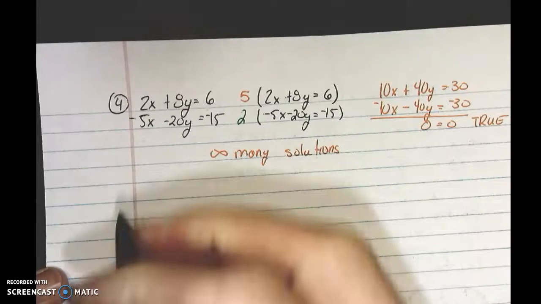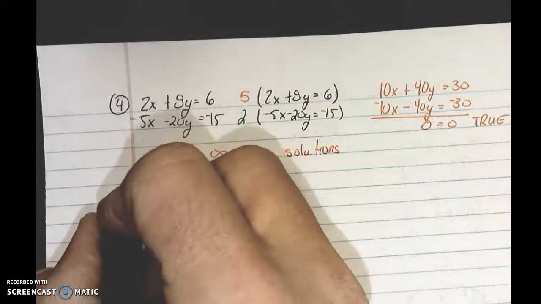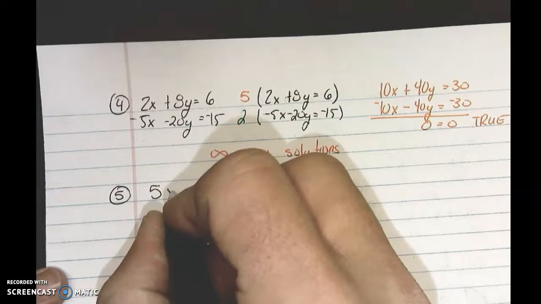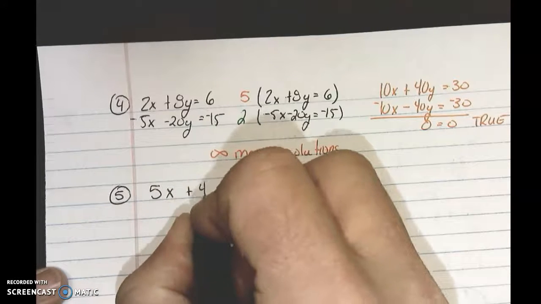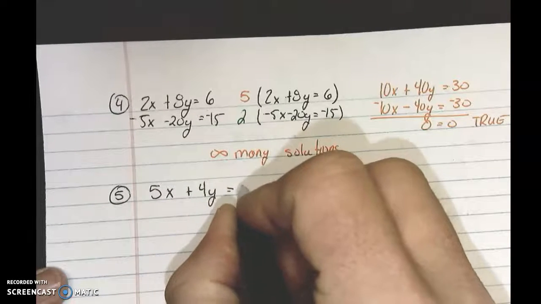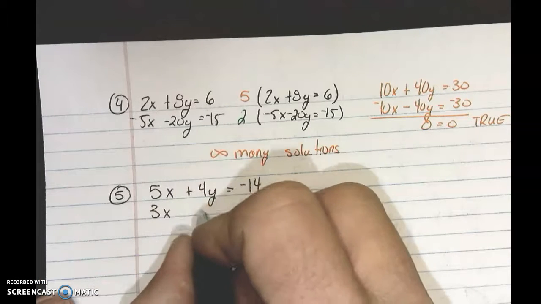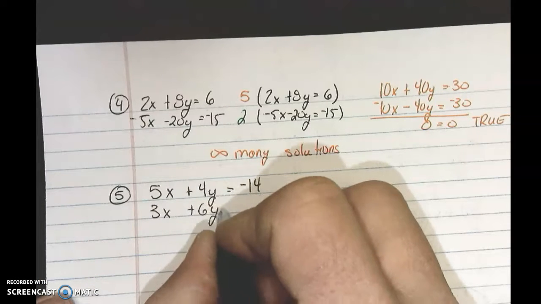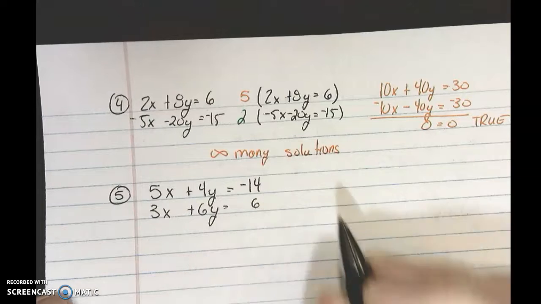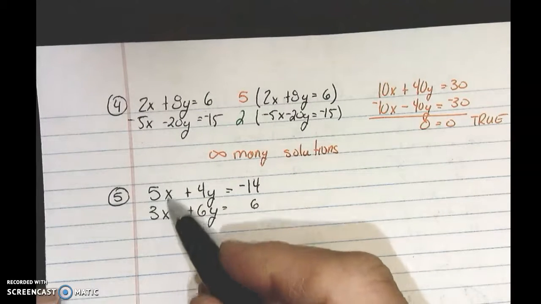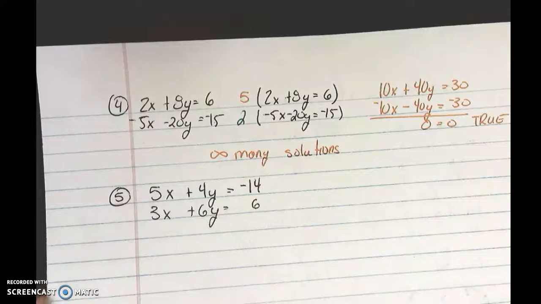Okay. Number 5, we've got 5x plus 4y is equal to negative 14, and 3x plus 6y is equal to 6. I look at this, I see that both the x's are positive, the y's are both positive.